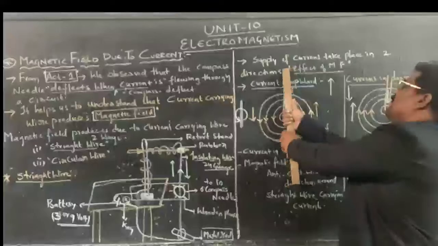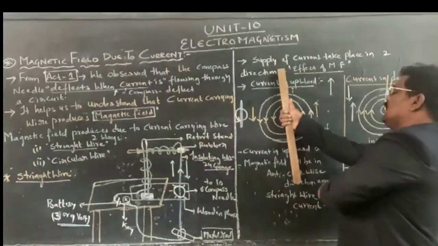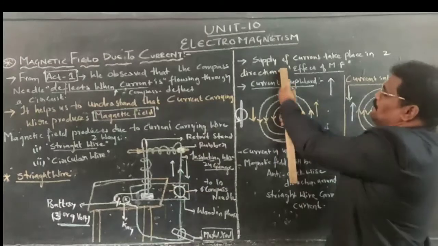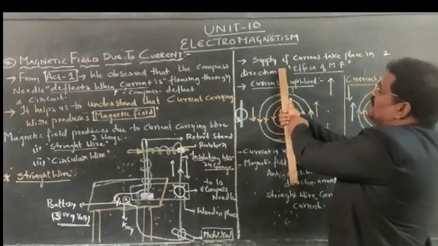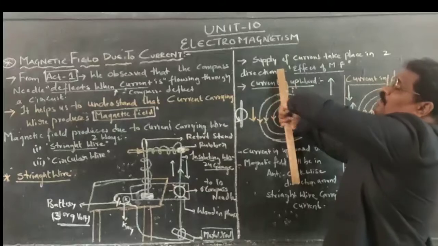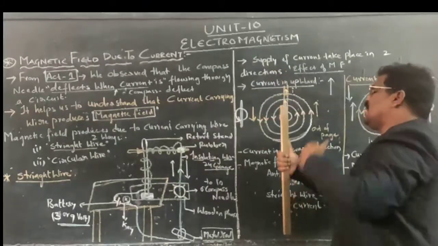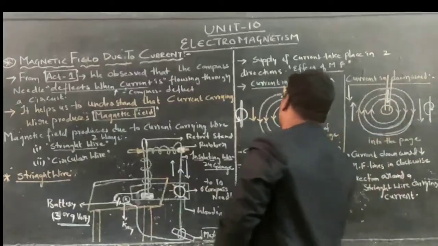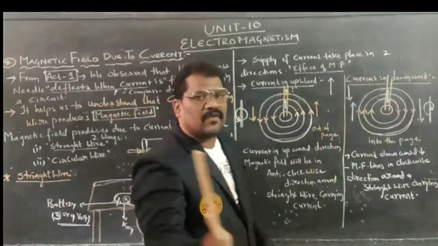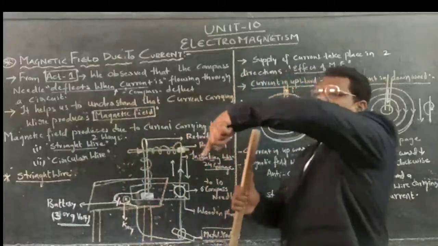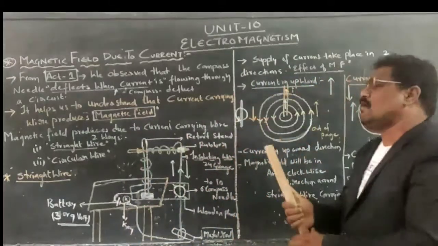So if the thumb indicates out of the page, then current is flowing in which direction? Upward direction. Then what do the curved fingers indicate? The effect of magnetic field around a current carrying conductor. In which direction will that effect exist? Anti-clockwise direction.